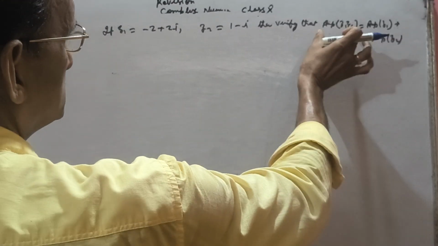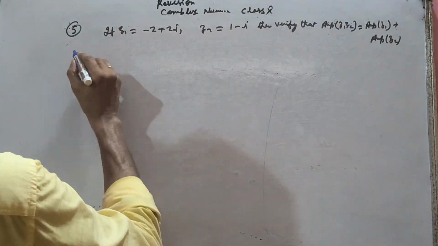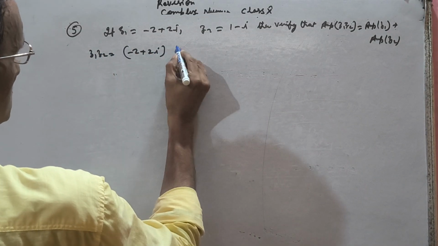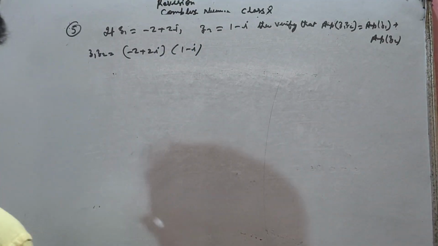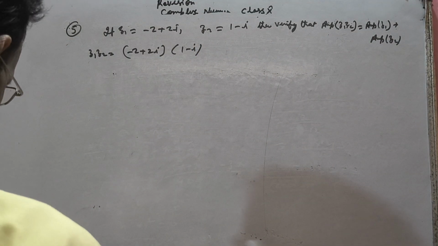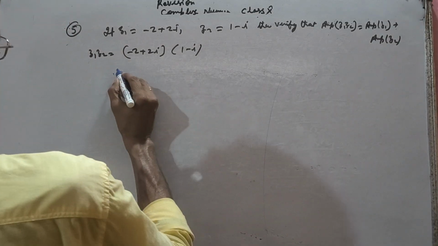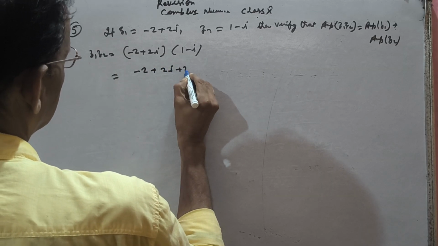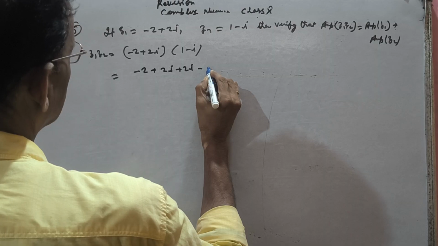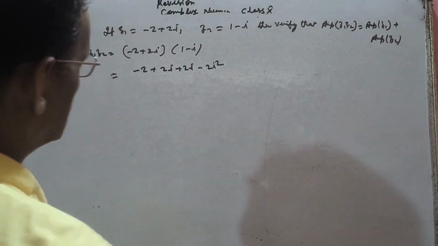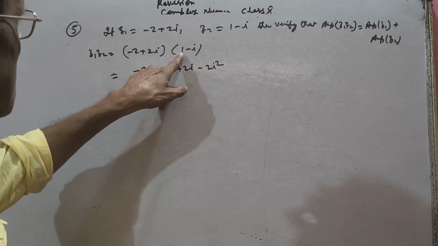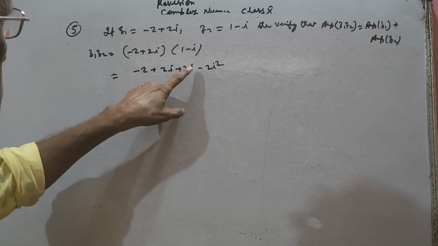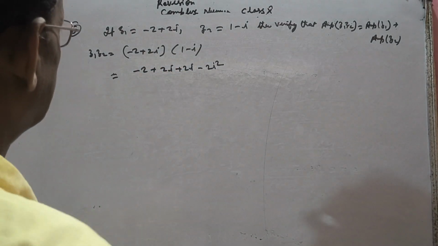Okay. So first take the left hand side. Find Z1 into Z2. So (-2 plus 2i) into (1 minus i). Multiply here: -2 plus 2i plus 2i minus 2i squared.